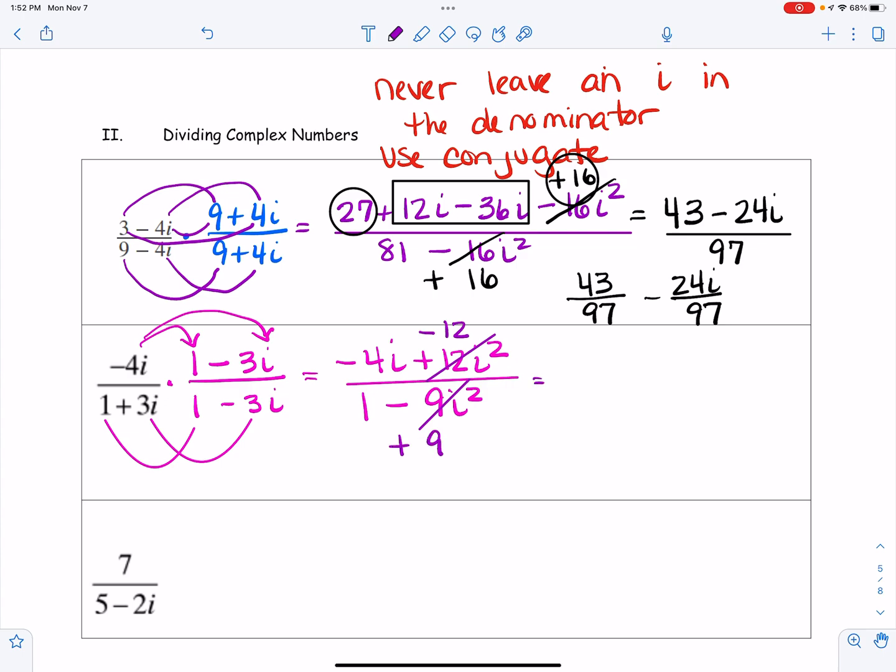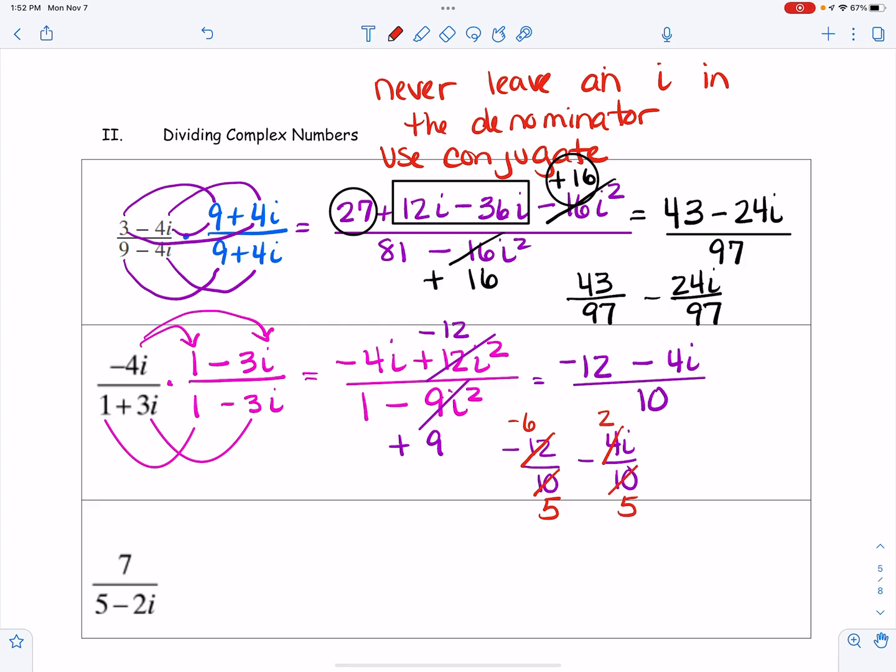Now, I like to write my real number first, so I am going to take negative 12 and then minus 4i all over 10. And this can be simplified, so I do want to take negative 12 and divide it by 10, and negative 4i and divide it by 10, so that you can see that 2 goes into this and leaves negative 6, 2 goes into that and leaves 5, 2 goes into that and leaves 2, 2 goes into that and leaves 5.